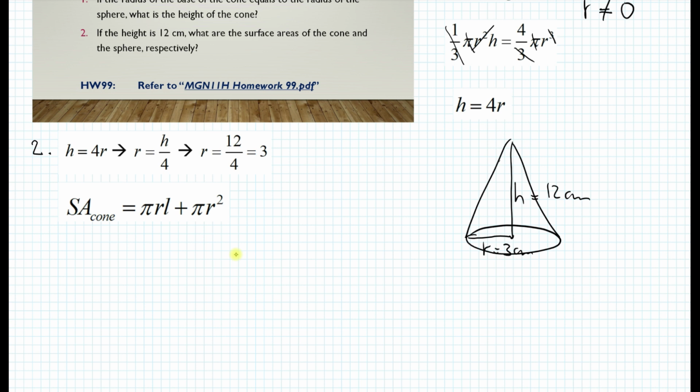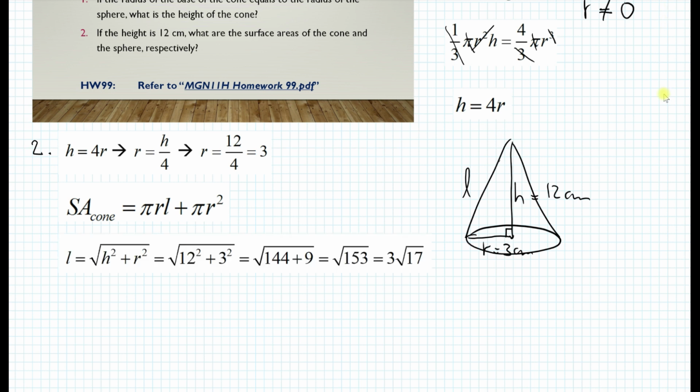And we know that this forms a right triangle. So how do we find the slant height l? In this case, all we can do is use the Pythagorean theorem in this manner. l is equal to the square root of h squared plus r squared. Then we substitute, and we obtain that l is equal to the square root of 12 squared plus 3 squared, and that is equal to the square root of 153, which is equal to 3 radical 17.